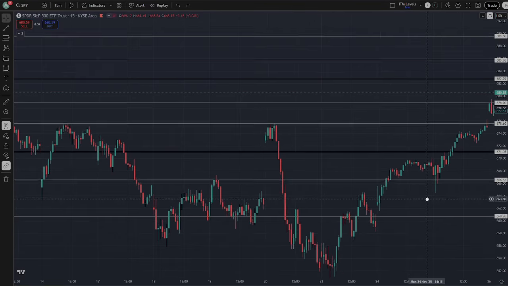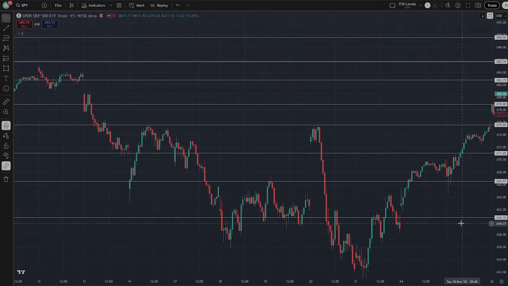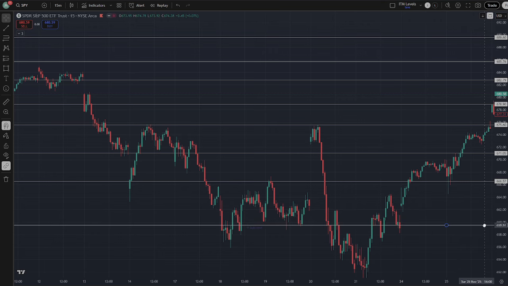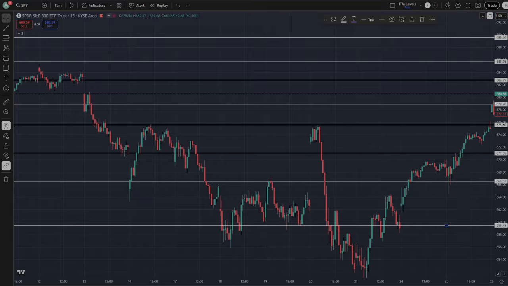Right here looks like a pretty big gap from 666.57 to 666.76, about $6 right there. So I'm going to look for a level to place in between there, just to give me an extra price target in between those layers. And if I'm going to do that, I'm probably just going to have to adjust this level right here a little bit more to the downside, so I can have a little bit more breathing space to add in between there.